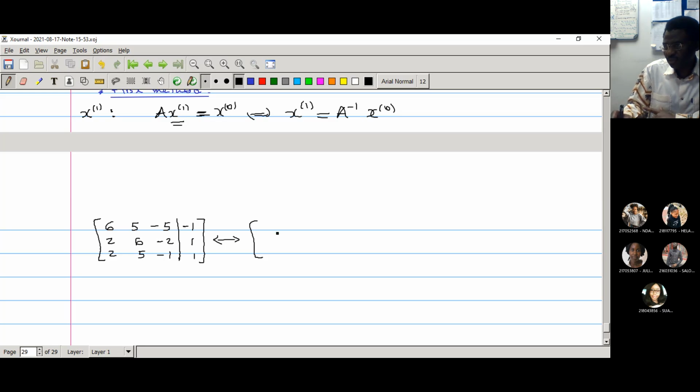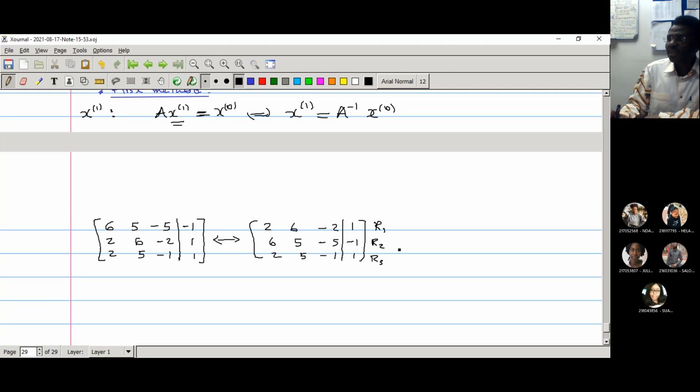So this will be 2, 6, negative 2, then 6, 5, negative 5, and you keep the last one. Similarly here, this will be 1, negative 1, 1, because you are swapping the first and the second only. Now you call this R1, this R2, this R3, right?